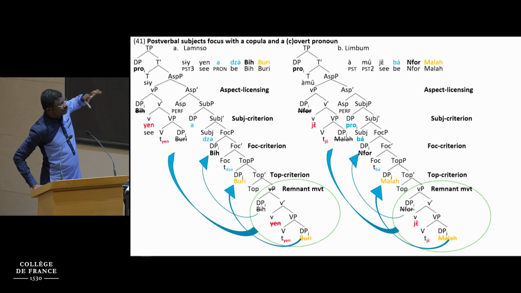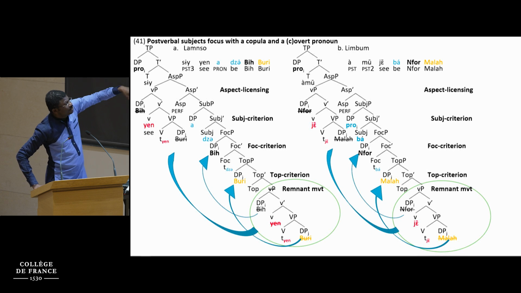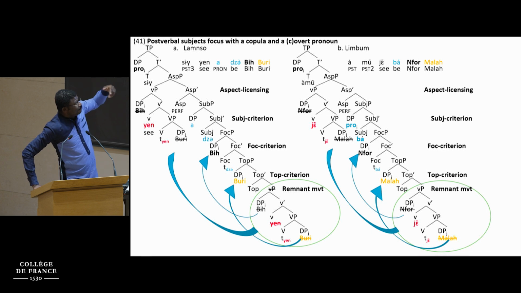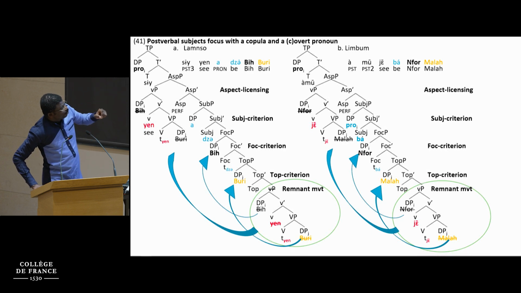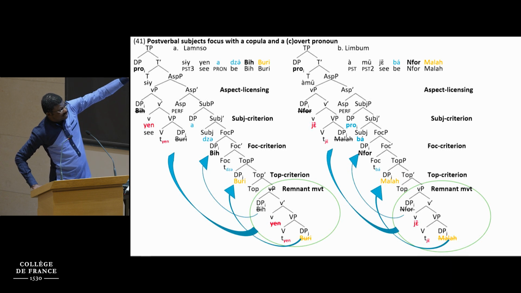That's why I decided to show you some evidence of verb movement. But in this case, it's actually a kind of phrasal verb movement, right? It's not a head movement. Because if we were to suggest a head movement analysis, you will get a wrong prediction, because the subject, by raising up, will be blocked by the presence of the copula, which is actually in the head position.